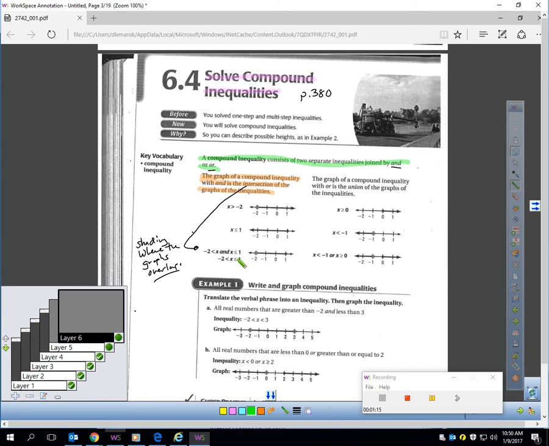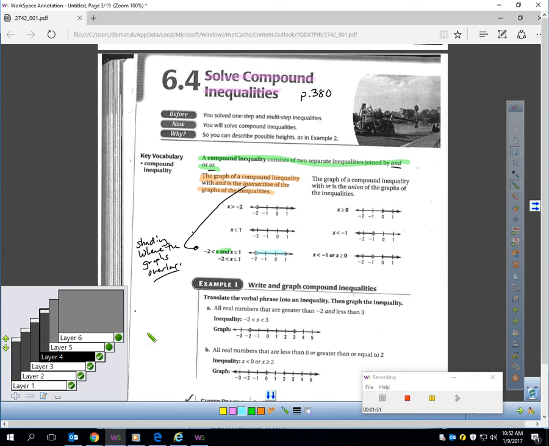The answer "and" means we're only going to shade where these two are in common, where they overlap. These two graphs only overlap from negative 2 up to positive 1. That's my answer to this. "And" is where you take your two inequalities and only shade where they overlap, what's in common.